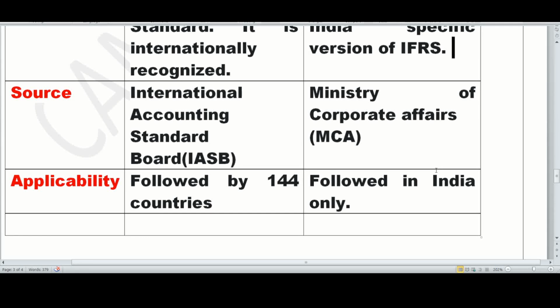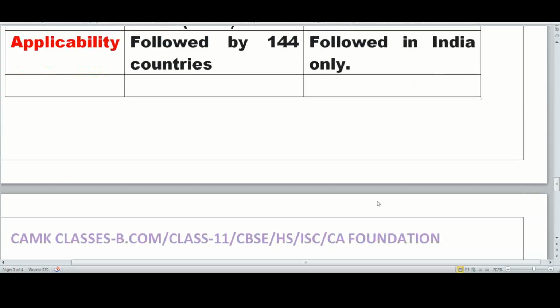Previously, the accounting standards were authoritatively issued by the Institute of Chartered Accountants of India. Then let us come to the applicability, where IFRS is applicable. As I have already told you, IFRS is followed by 144 countries, and Ind AS is followed by Indian corporates. Only in India it is followed.